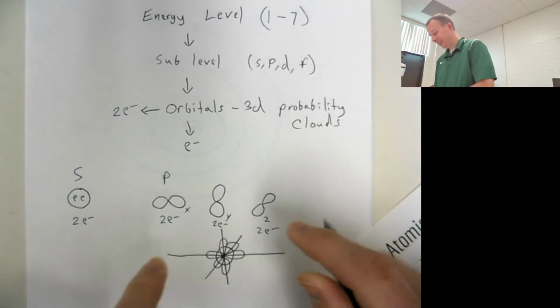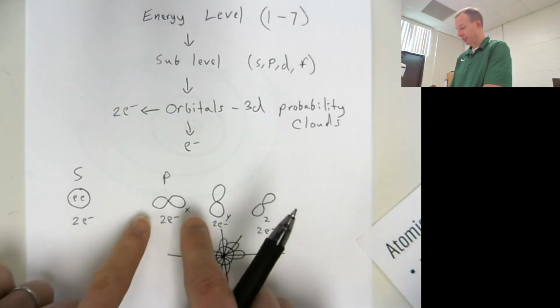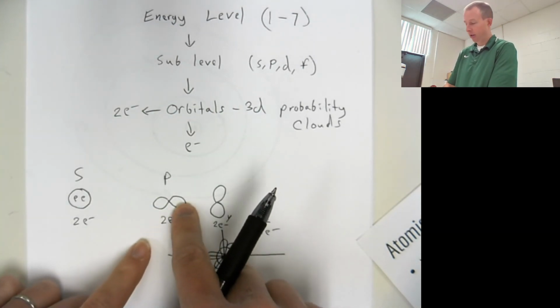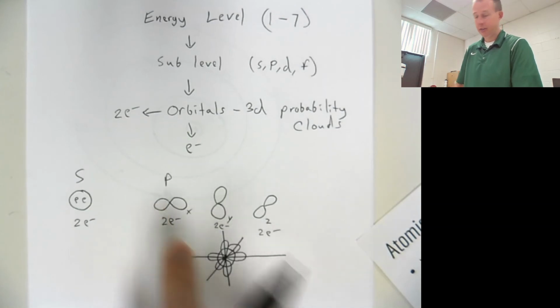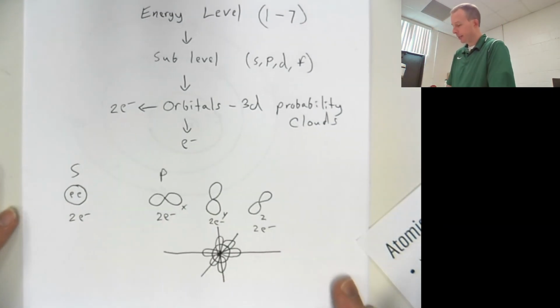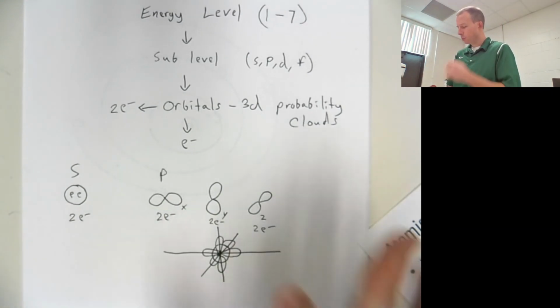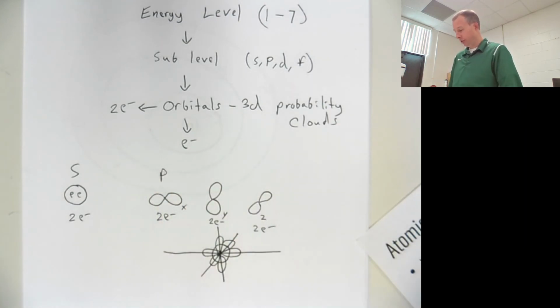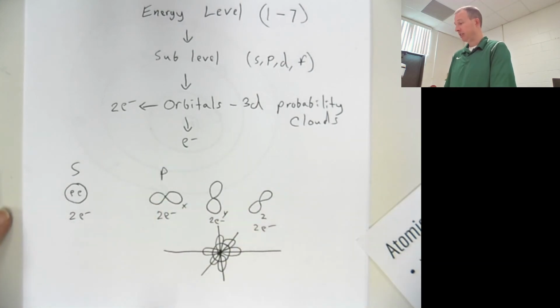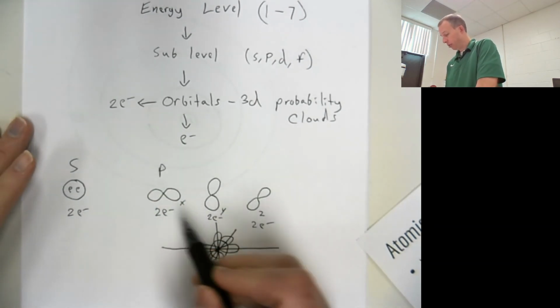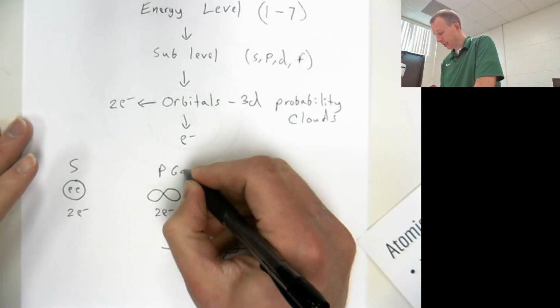All right, and the p is really easy to tell because 1 electron would probably be over here, 1 would probably be over here, and that sort of makes sense. Now with this idea of them each holding 2, how many total electrons do you think a p sublevel can hold? Well, 2 plus 2 plus 2, 6 electrons.